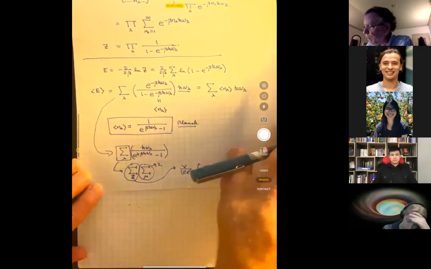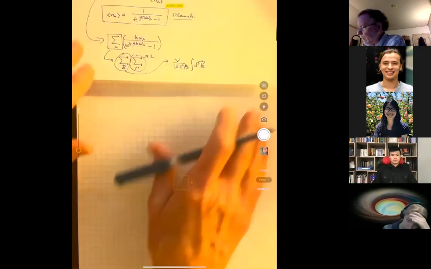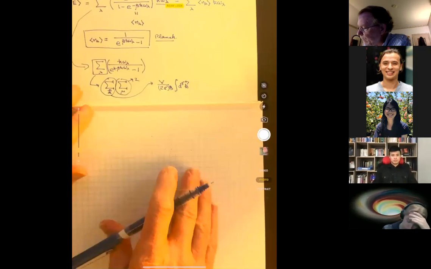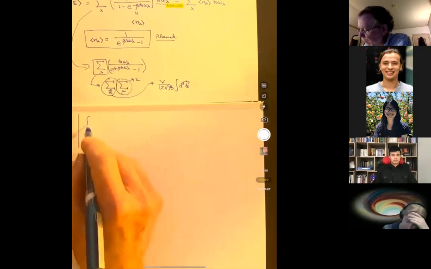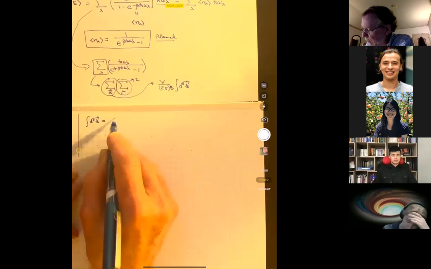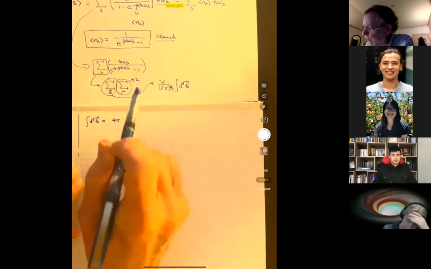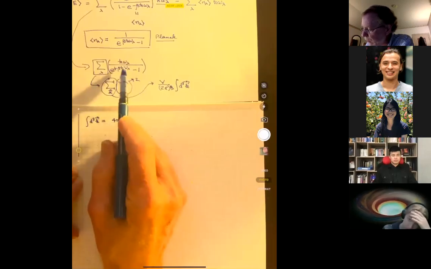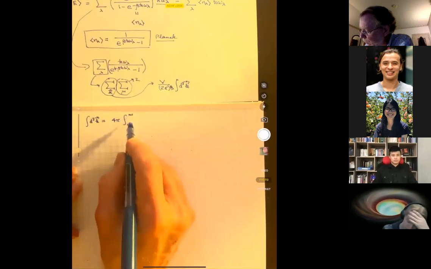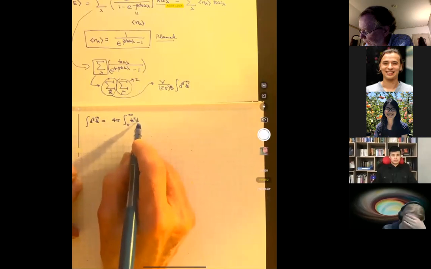Let me make some more room here. And then the integral d cubed k, we can do the angular integral because the integrand doesn't depend on the direction of k, so we just get a 4 pi. And then what's left over is the integral from 0 to infinity of k squared dk.